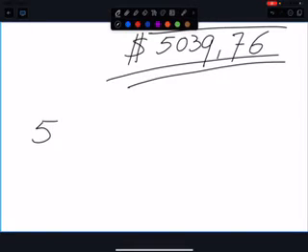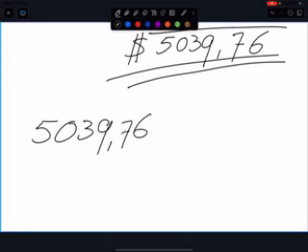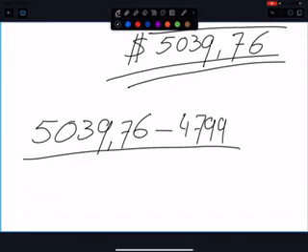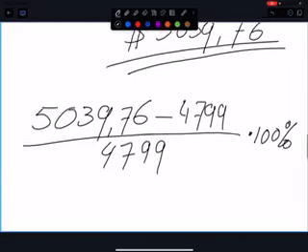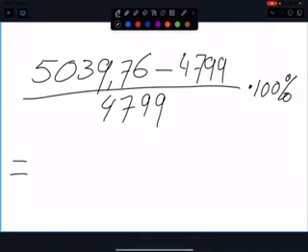You take the price of hire purchase, subtract the original price. I've seen people do it in a different way, which is also fine. And that answer you multiply by 100%. And that answer becomes 5.02.